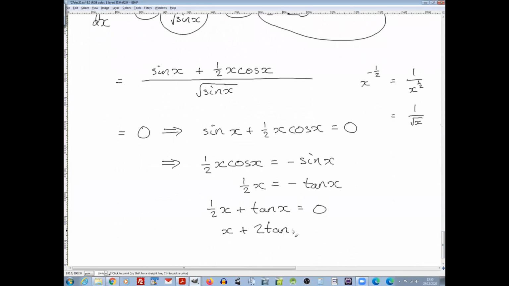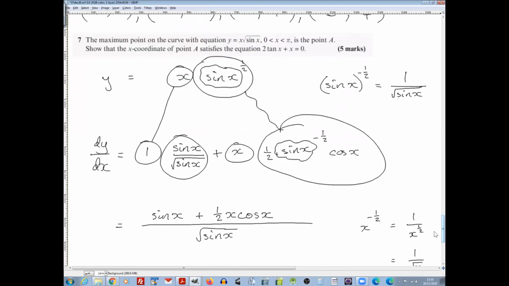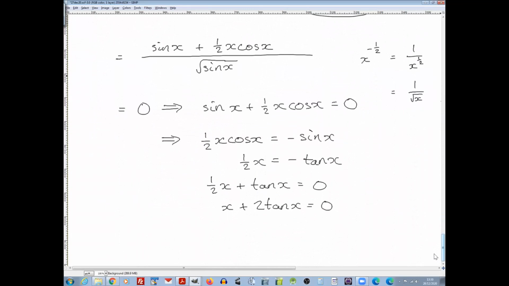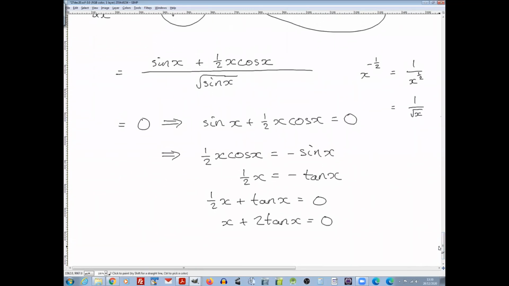That's what they're saying, isn't it? Yeah. And we've shown that that follows from us being at any turning point. We've shown that that's true at any turning point, a maximum or a minimum.